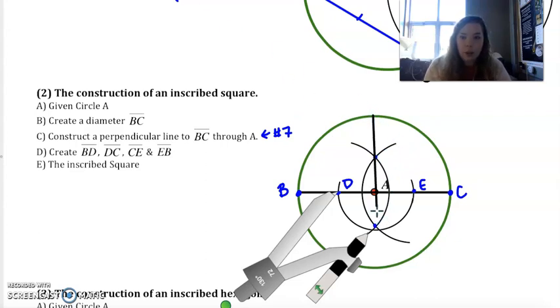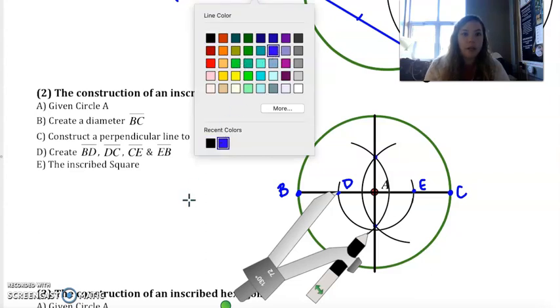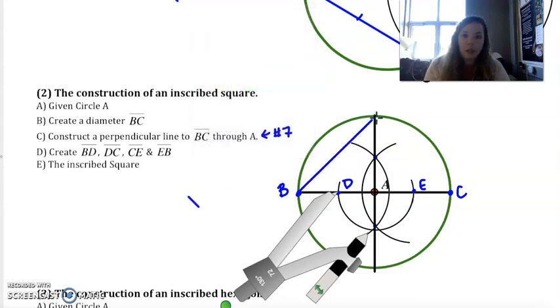So if I go a diameter this way through those points in the center, we've constructed a perpendicular line to BC through A. So now we can connect these four corners here. 1, 2, 3, 4, and now that's a square.